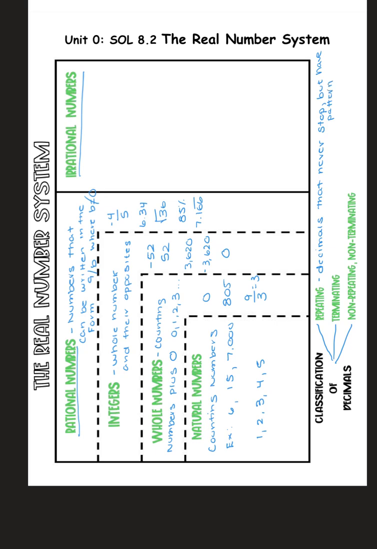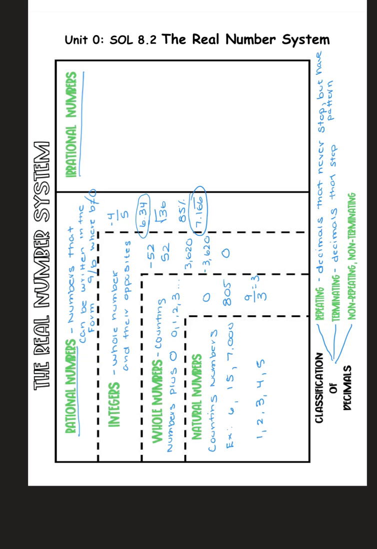For example, if we go back up and look at 7.166, we see that the 66 is repeating a pattern, so that is a repeating decimal. Terminating decimals are decimals that stop. For example, 6.34, or 6 and 34 hundredths, is a terminating decimal. Therefore, it is considered a rational number. So our terminating and repeating decimals are rational numbers.